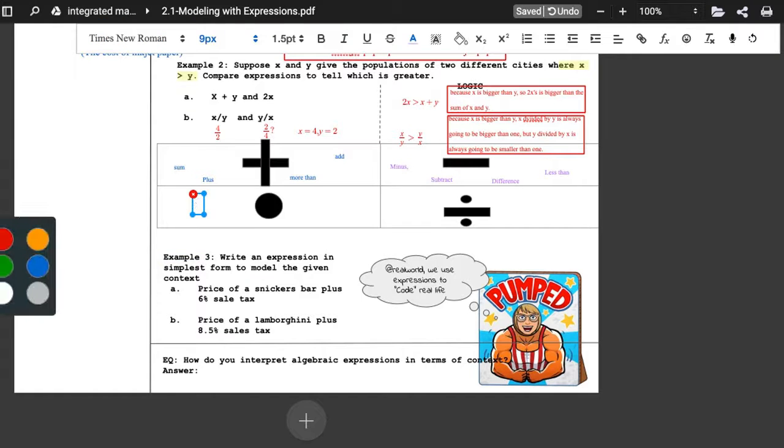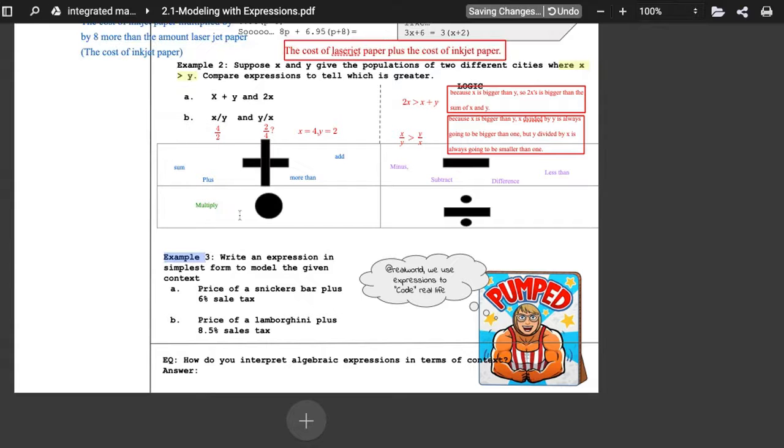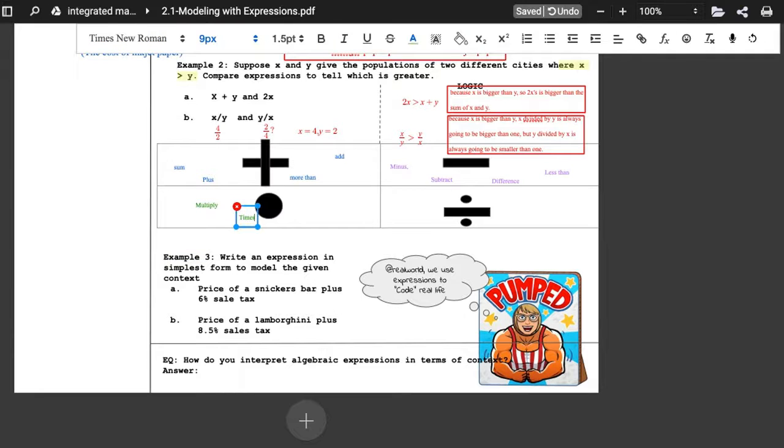To multiply, you would have multiply. You would also have times. The other one is product. Product means to multiply. So those are some words that represent multiplication. And then finally, division. Division has some words specific to it.